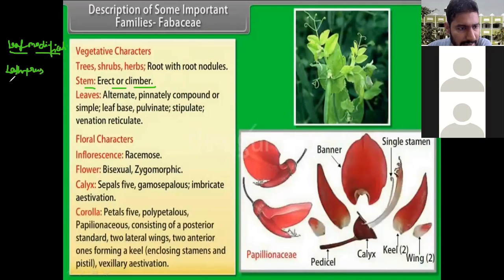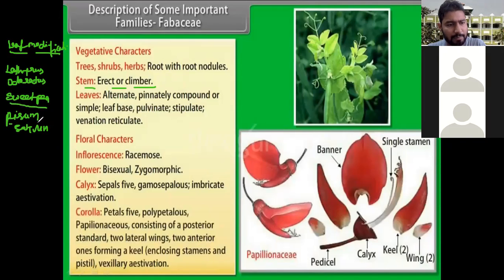The common name of Lathyrus odoratus? Sweet pea, sir. Sweet pea. And garden pea is Pisum sativum, sir. Pisum sativum is known as the garden pea.